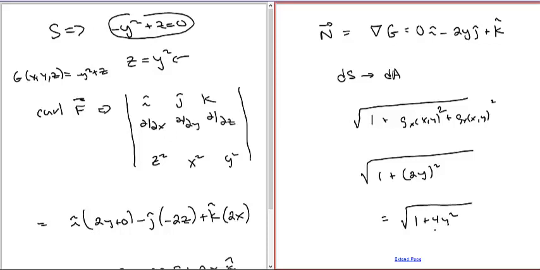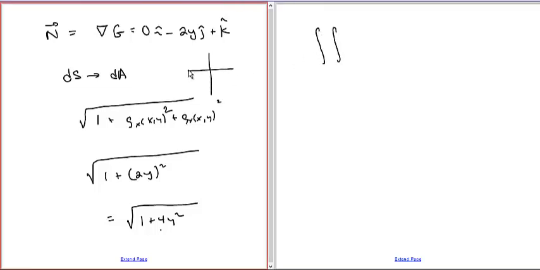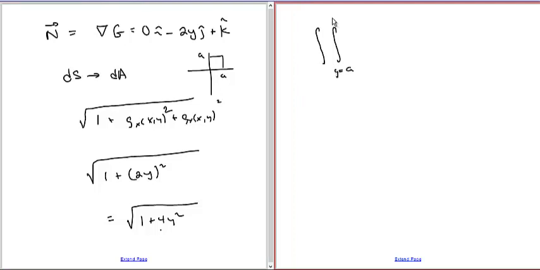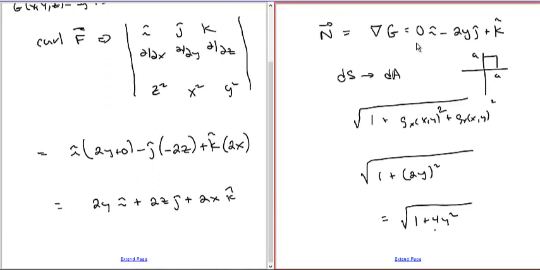So all we have to do here is, we have the double integral, and in the xy plane we go from 0 to a and 0 to a. So it goes from y equals 0 to y equals a, and from x equals 0 to x equals a. And then what we're doing here is the dot product of this curl of F with that.